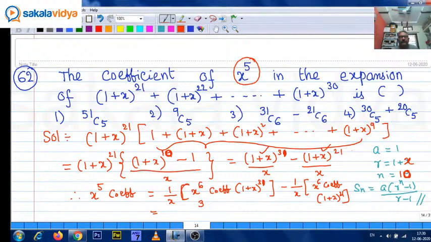So we get 31C6 minus 21C6. That means the third option is the right option.